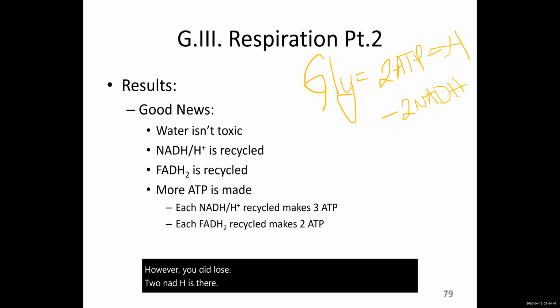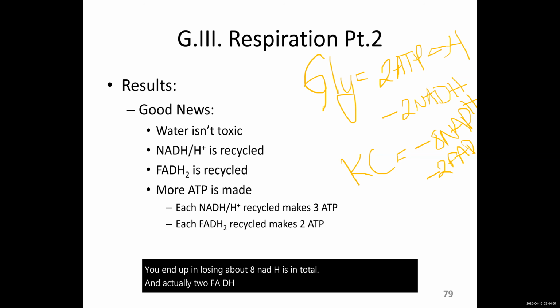Same thing during the Krebs cycle. You ended up making about 8 NADHs in total, and actually 2 FADH2s. So if you do the math, we ended up with 10 NADHs and 2 FADH2s here.